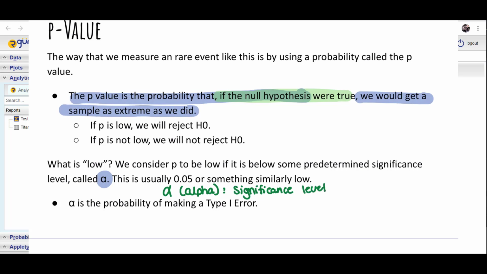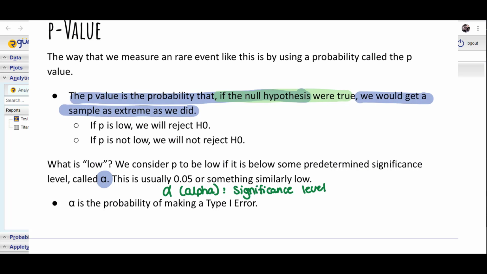It's what we consider the cutoff for being a low probability. In the past, we've used 0.05 as the cutoff. Anything less than that, we would consider a low probability, unusual, if you will. But we can redefine our significance level.